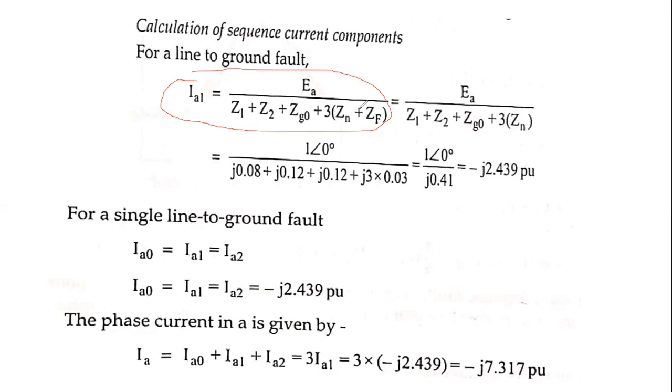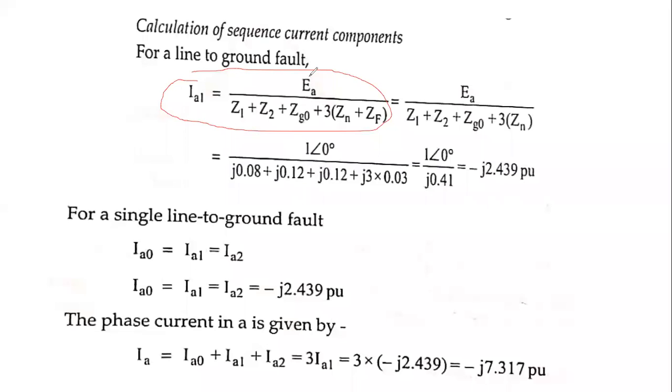This is when the fault impedance Zf is connected in series with the line to ground fault. Otherwise this formula is written as EA divided by Z1 plus Z2 plus ZG0 plus 3 Zn.